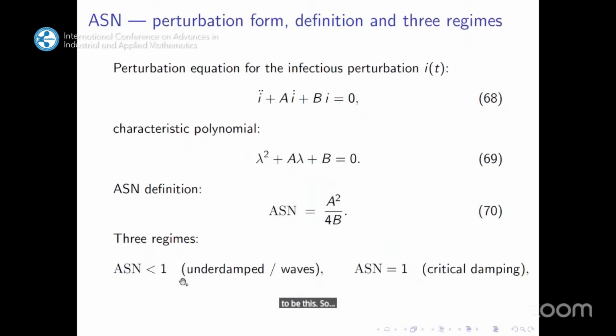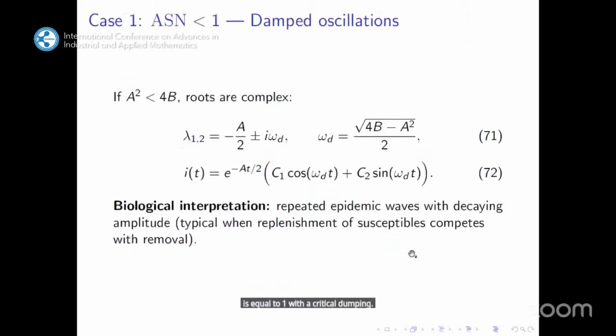So the three regimes will be, if this is less than 1, we have an underdamped wave. If the Atangana strength number is equal to 1, we have a critical damping.